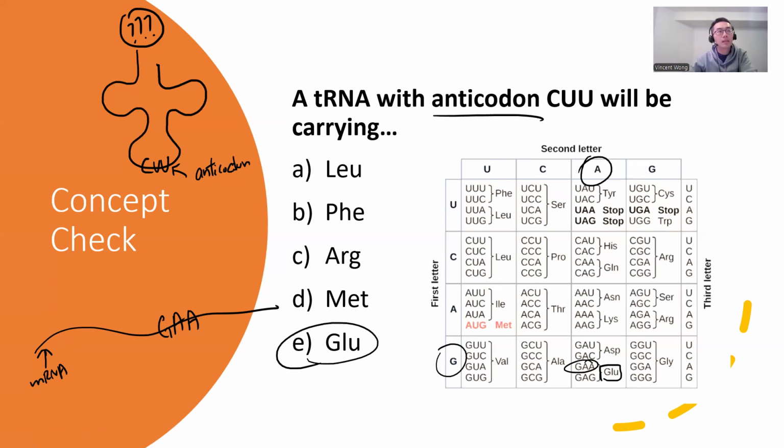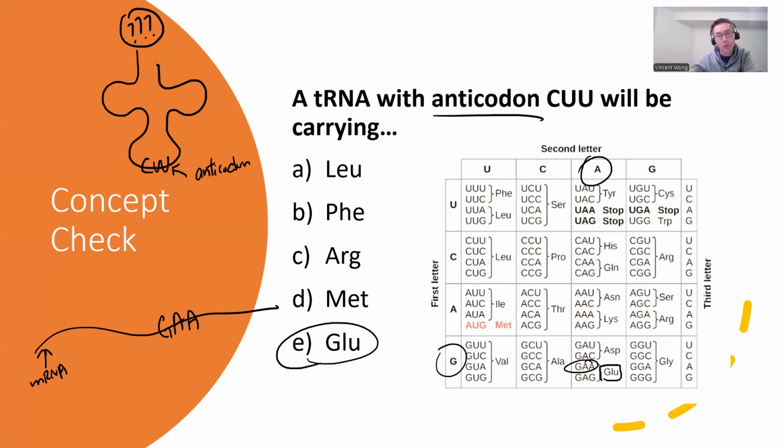How do you know GAA? You don't understand why you look up GAA and not GUU? Is that the question? Okay. Do you understand the difference between codon and anticodon? Codon is the code on the mRNA, right? And the anticodon is the code on the tRNA. What determines the amino acid that you need to build?